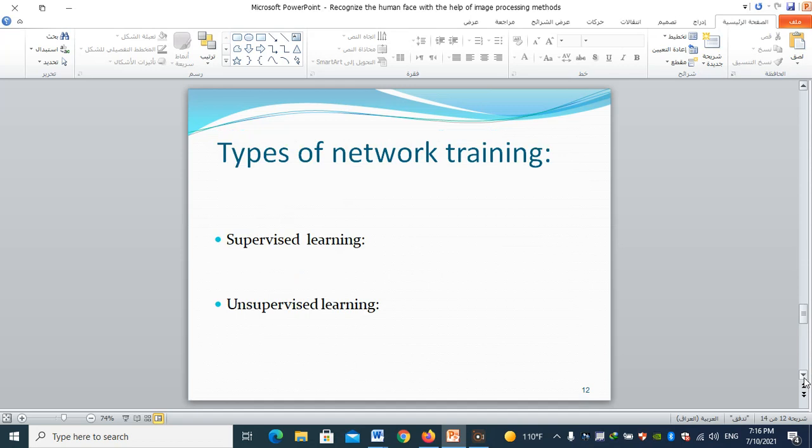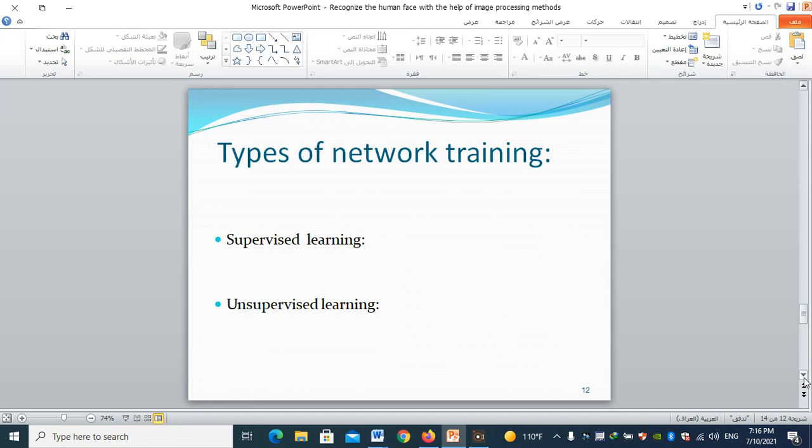Types of network training. The first one is supervised learning, which focuses on a specific topic and provides various examples of it.